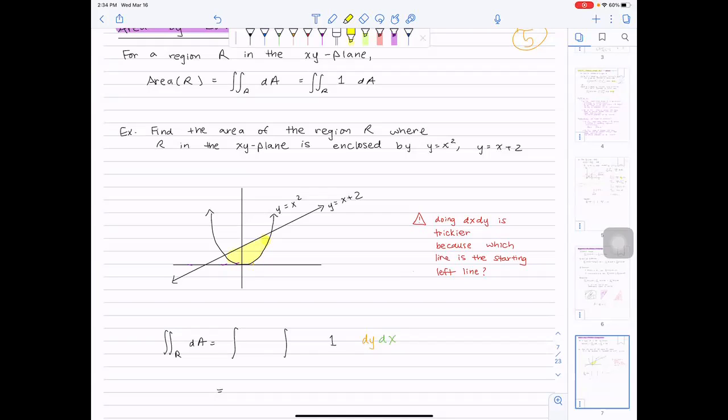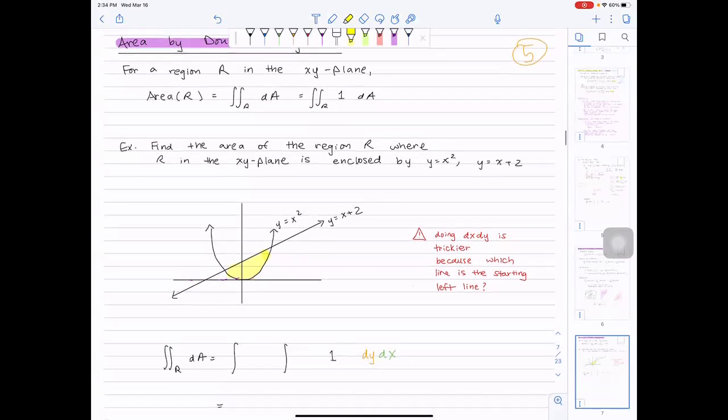I don't think so. Maybe. Not too sure, let me think. I don't think so because the bounds would be weird. There's only one bound and multiple variables.